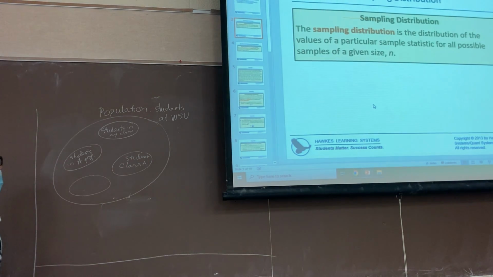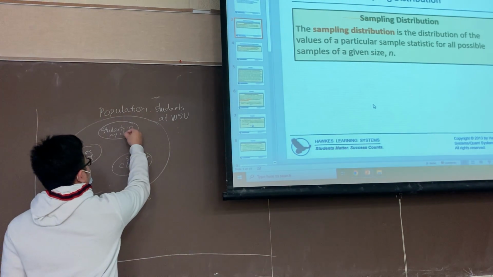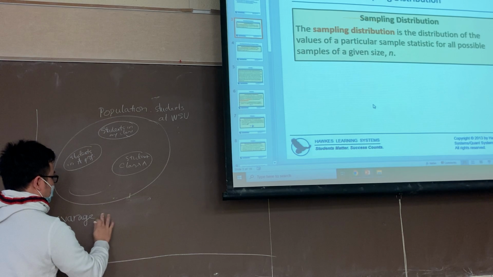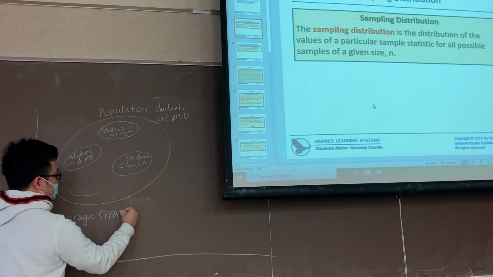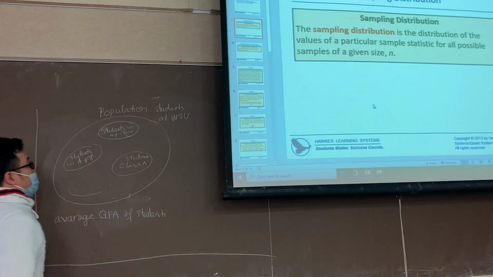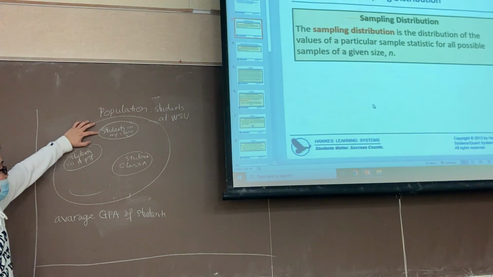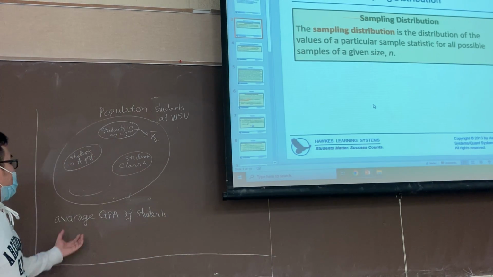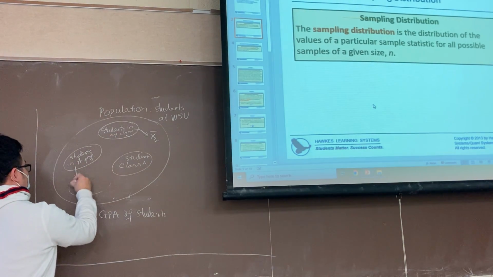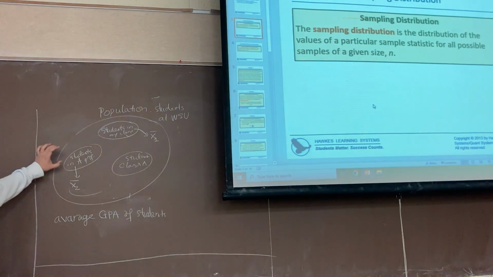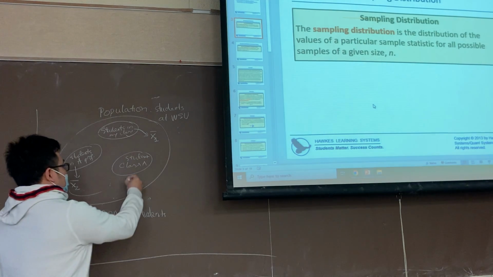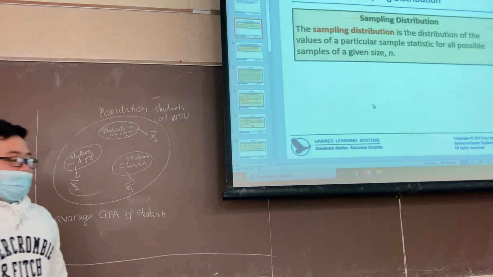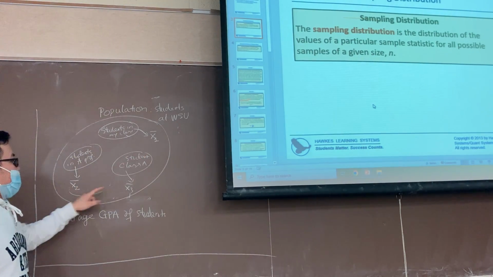For each sample, for example, I want to measure the average GPA of students. I investigate the average GPA of students in my class, and that gives me the average x-bar 1. x-bar 1 is the average GPA of students in my class, and x-bar 2 is the average GPA of students in the class of Professor A, and x-bar 3 is the average GPA of students in class B. You will see that x-bar 1, x-bar 2, and x-bar 3 will be different, right?